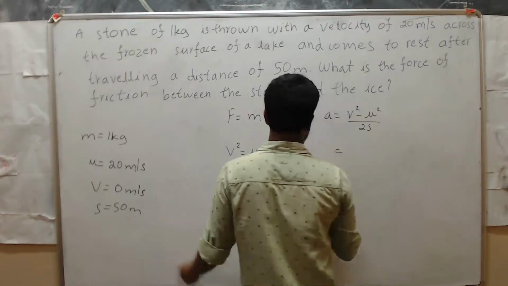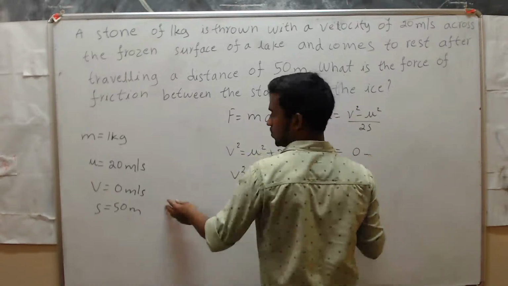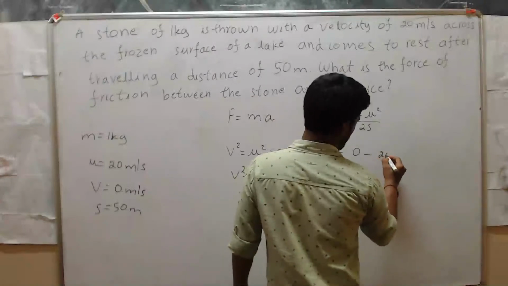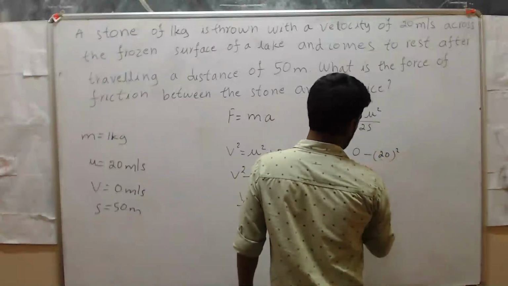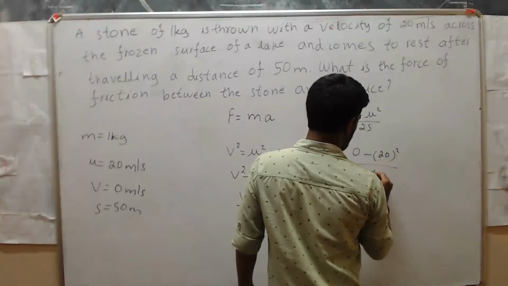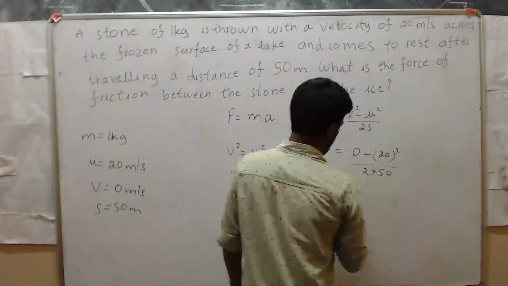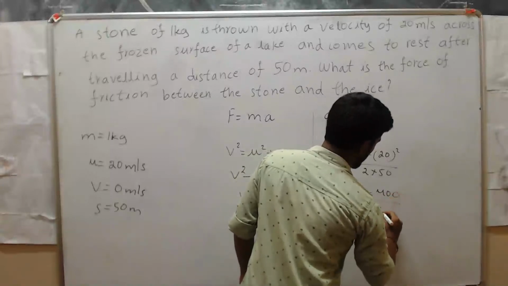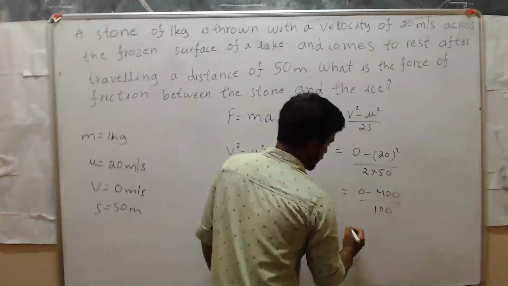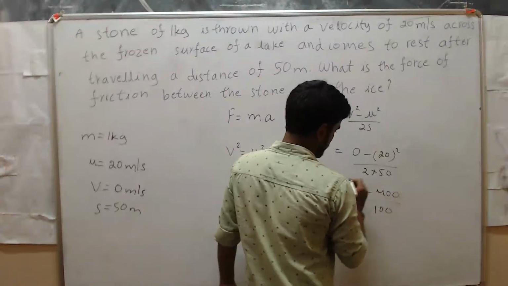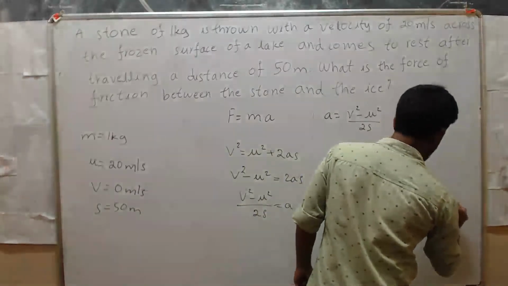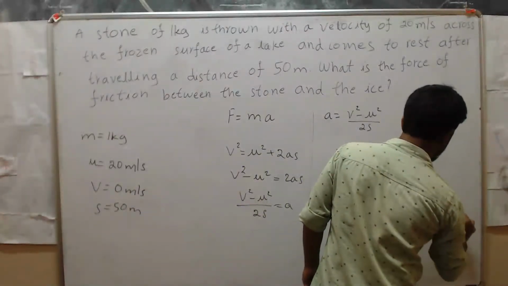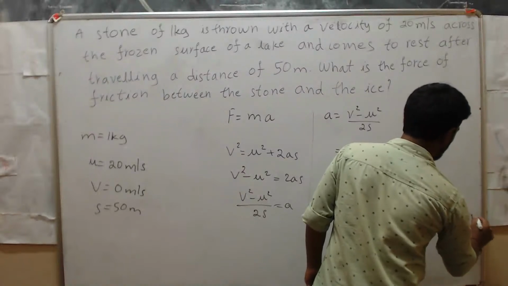So v, that is the final velocity, is 0, minus u, it is 20 square, divided by 2 into 50, distance is 50. So 0 minus 400 divided by 100. Clear? So acceleration is equal to minus 400 divided by 100. So that is minus 4.